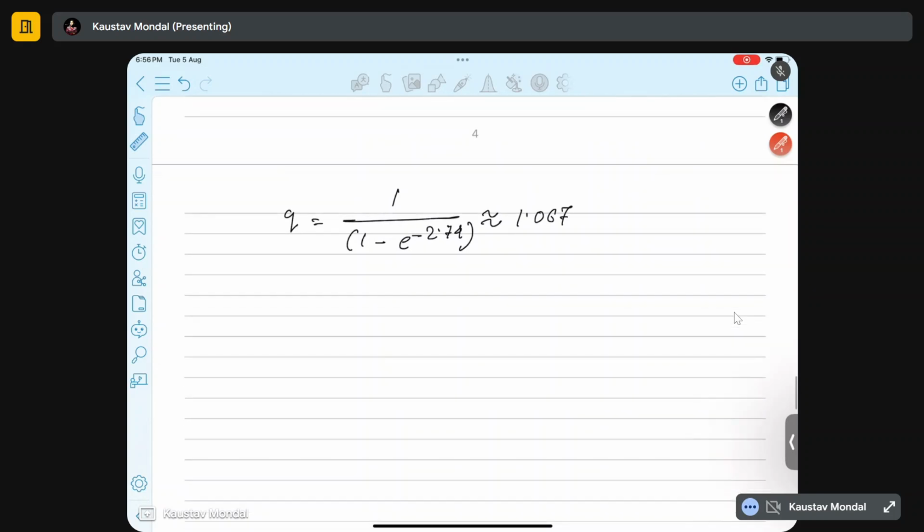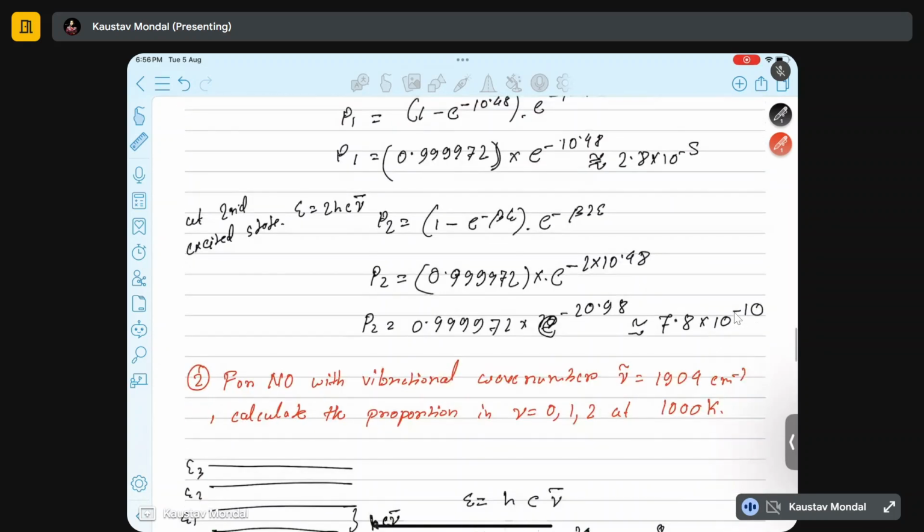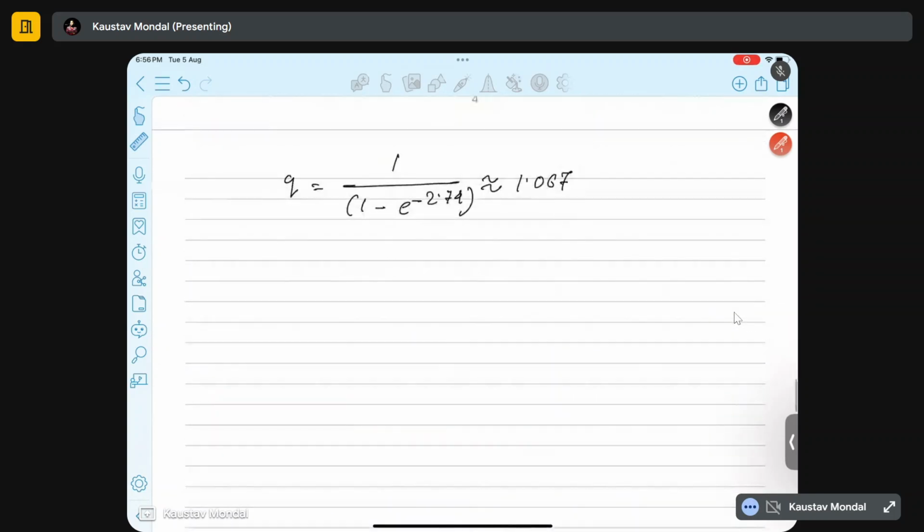So now you have to calculate the probability of the ground state, first state, second state. So P0, the probability in the ground state, n equal to 0 state. That means P0 would be e to the power beta into 0, divided by Q, right?